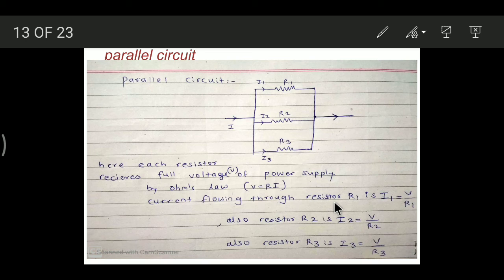The current through R1 is given by Ohm's law: I1 is equal to V upon R1. The current through R2 is I2 is equal to V upon R2. And the current through R3 is I3 is equal to V upon R3.